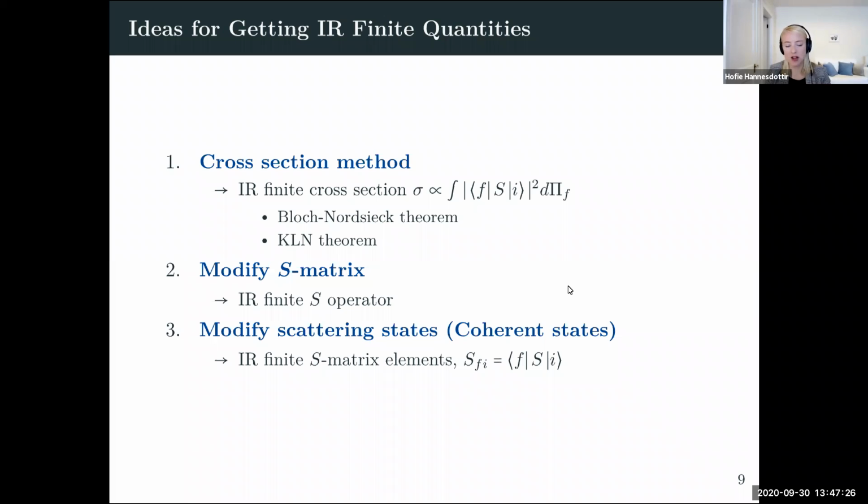So you might have heard about this as the coherent state method or the dressed state method, and it aims at getting IR finite S matrix elements. But as we'll actually see as we go on, these 2 and 3 are mathematically the same. So they're a little bit different interpretations, but they correspond to precisely the same mathematical objects. So you can take either viewpoint and they're really two sides of the same coin.